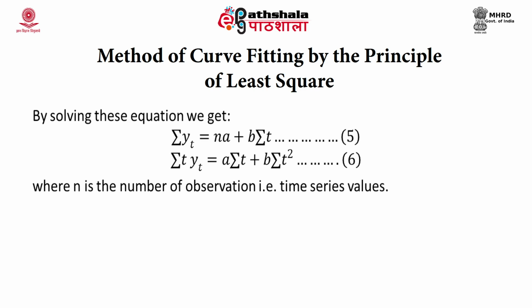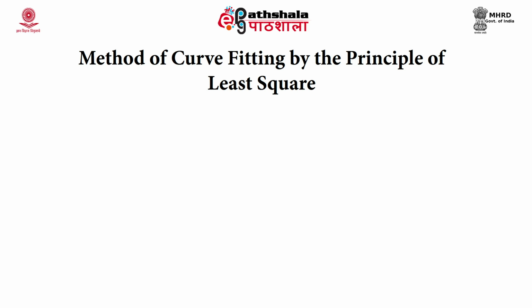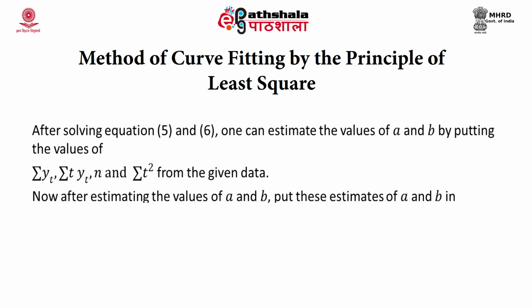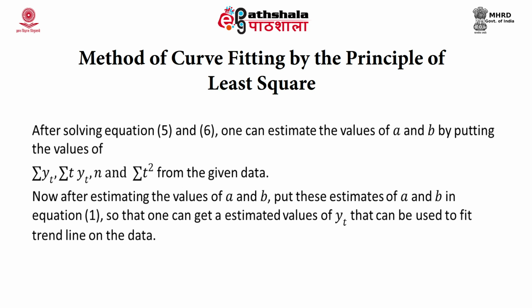You will get these values by subtracting 1994 from each year, and similarly so on. So the sum of t square is equal to 40, and yt is found by multiplying 16 by minus 4, 18 by minus 2, 21 by 0, 23 by 2, 27 by 4, and so on.